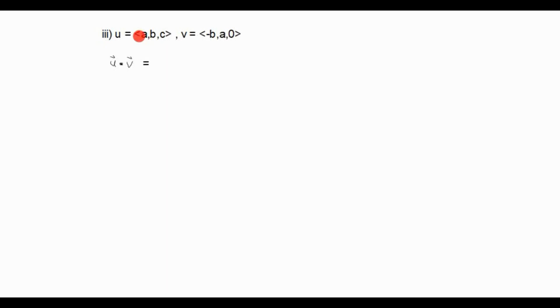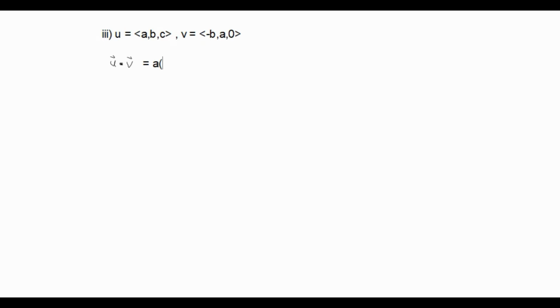Okay, now we are in our last part of the first question, which is the third part. So we have these two vectors. What we'll do now is find the dot product to check whether it's orthogonal or not. By the way, in this case, we're not sure of the value of a. It's not an integer, so we just keep it as a.